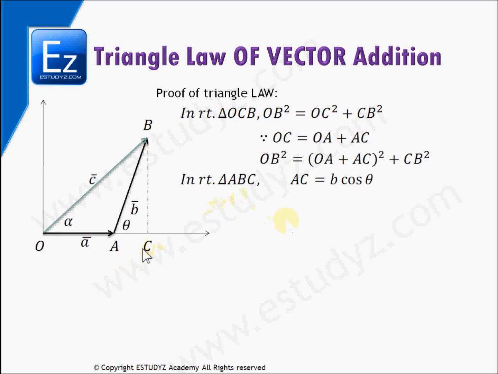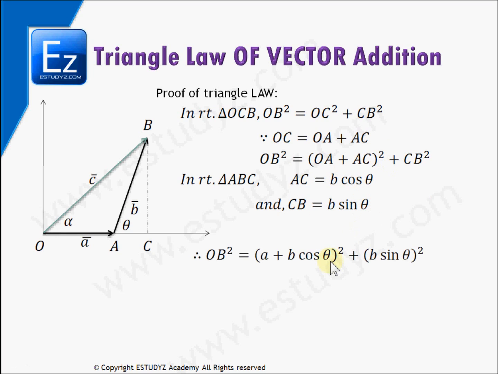In right angle triangle ABC, we can write AC equals B cos theta and CB equals B sin theta. We'll substitute these values in the previous equation and we'll get OB square equals (A plus B cos theta) whole square plus (B sin theta) whole square. So OB, which is the magnitude of C vector, is equal to root over A square plus B square plus twice AB cosine theta.